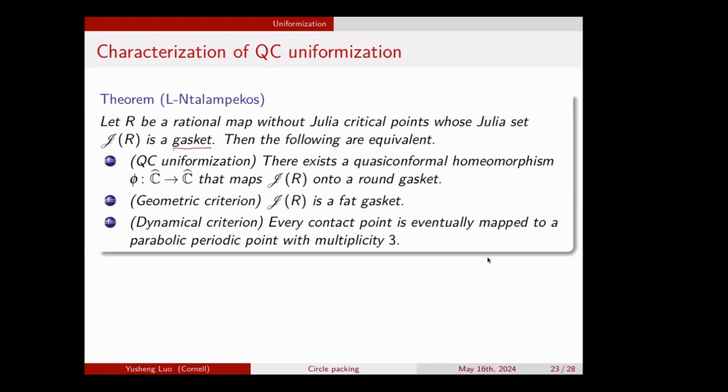So we can simultaneously map all the boundaries of these components to round circles by a quasi-conformal map if and only if this gasket is a fat gasket, and if and only if every contact point is eventually mapped to a periodic point that is not repelling or parabolic with multiplicity 2. That is easy to see: this contact point is eventually mapped to something that is periodic, and these periodic points can either be repelling or parabolic with multiplicity 2.